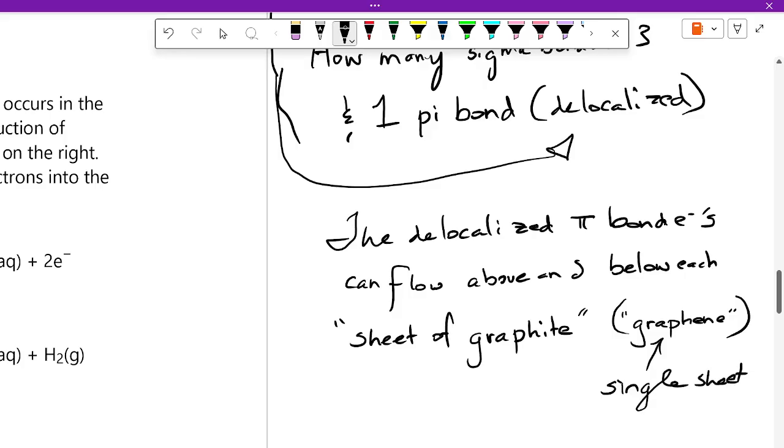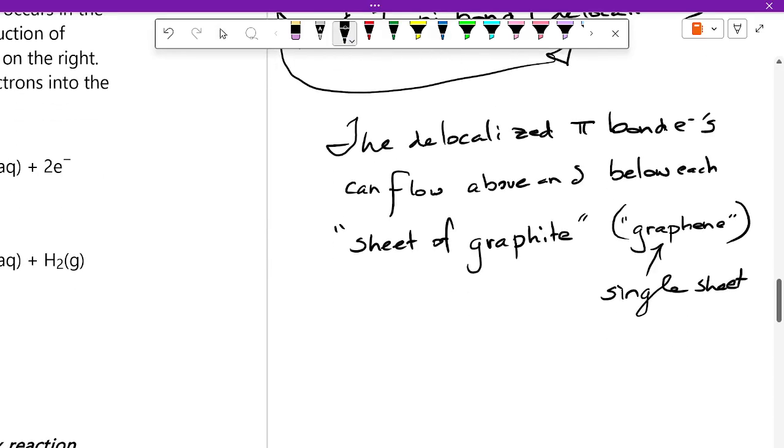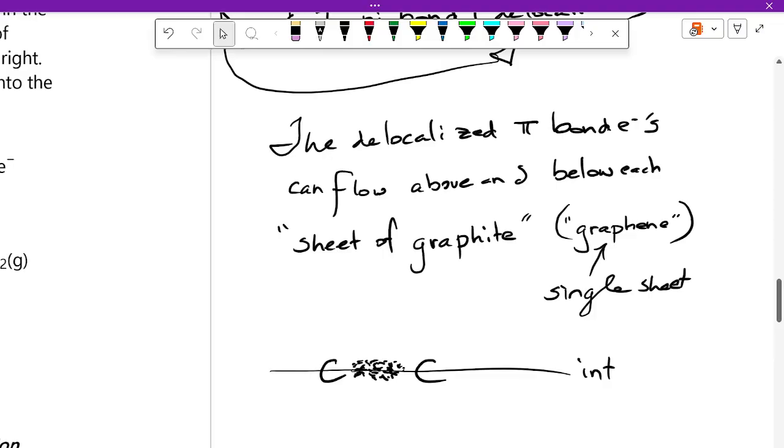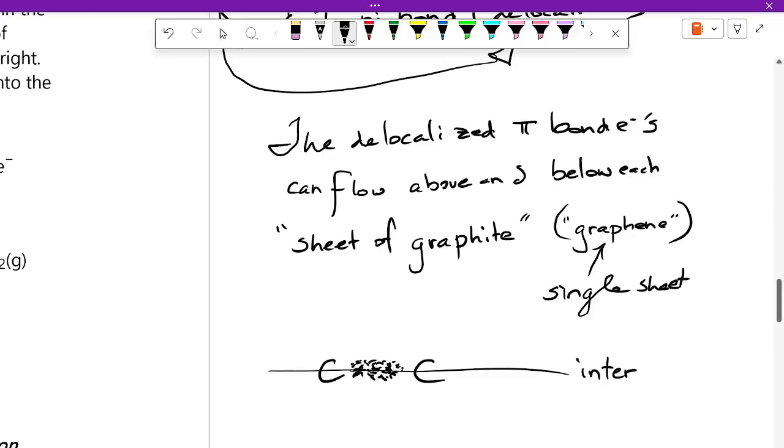I don't know that that's important though, okay? The important part is that you've got those delocalized electrons above and below, because if you have a pi bond, you've got your carbons here, and you have your sigma bond with the electron density along the, what do we call that thing here? Inter means between.